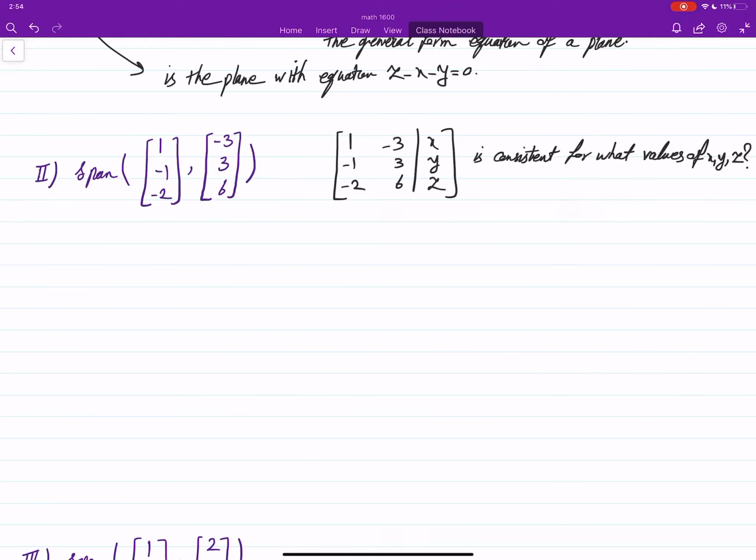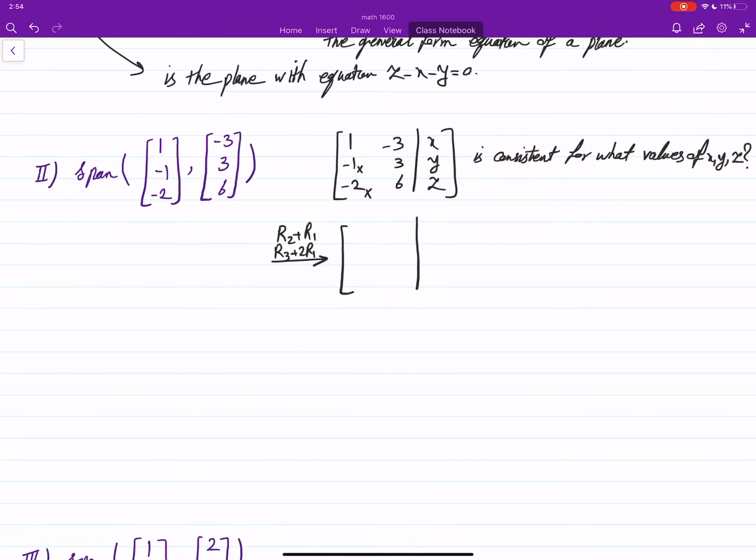We find those, and based on that, we describe the whole setup. So we have to row reduce this. Here I have to make these two 0. So for that, we have R2 plus R1 and R3 plus 2 times R1.